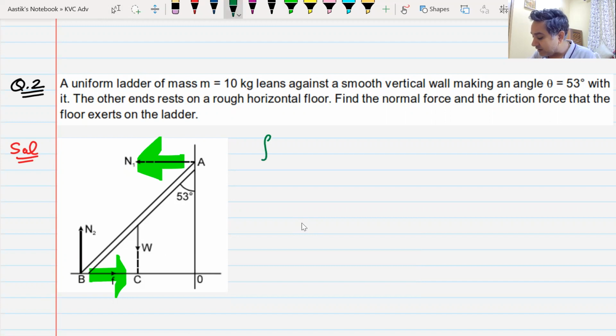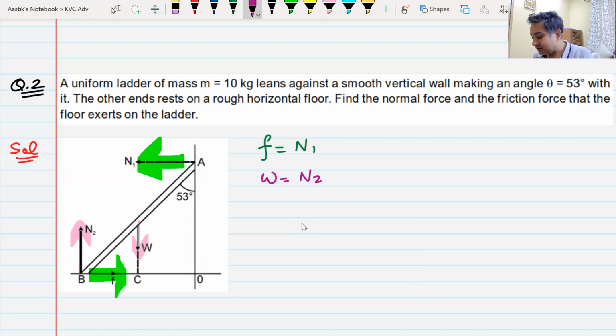The frictional force, which is static in nature, you cannot find out the value of static friction unless you know something else. The static friction would be equal to N1. And looking at the vertical forces, you understand that this W is equal to N2. Yes or no? Yes, sir.